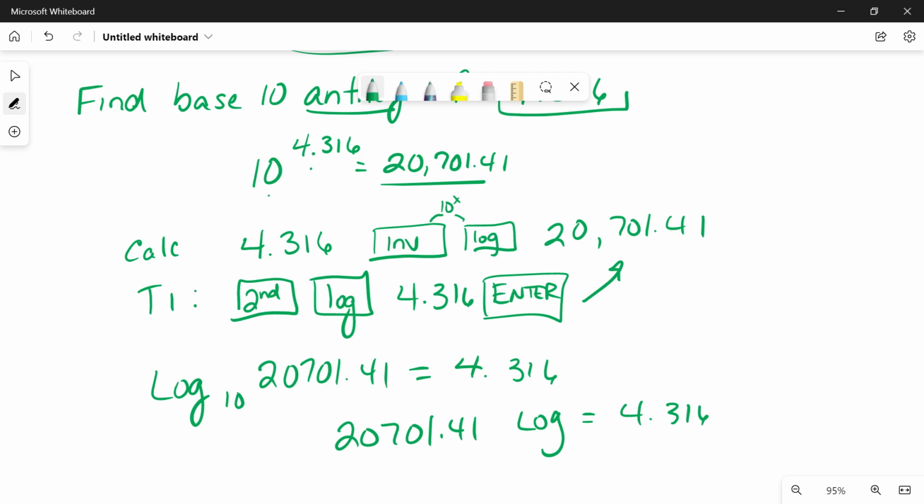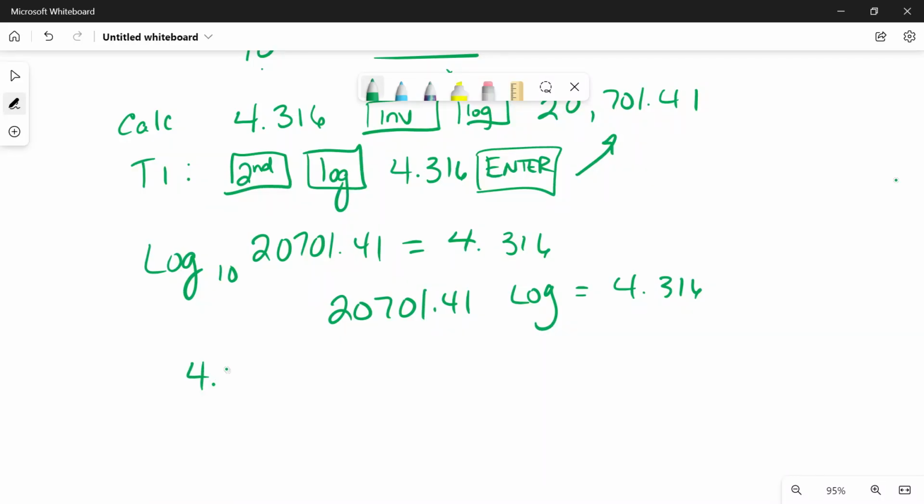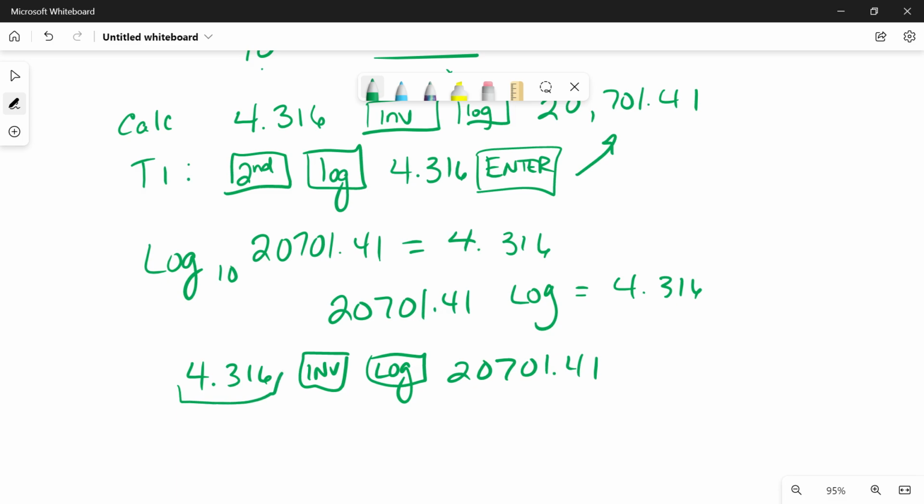So you can see how you can move these things back and forth a little bit. If I key in 4.316 and then hit my inverse log button, what you'll get out is 20701.41, telling you that when I'm raising 10 to this exponent 4.316, I'm going to get this 20,701.